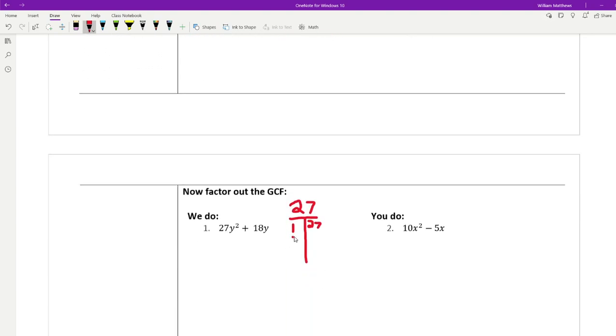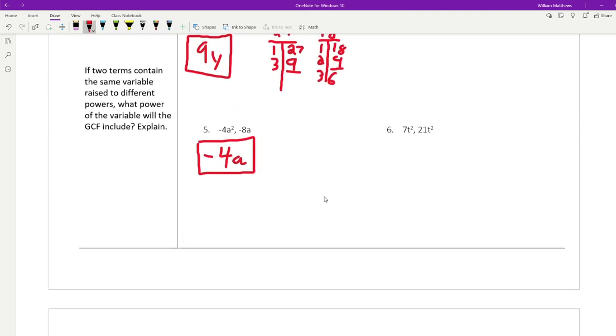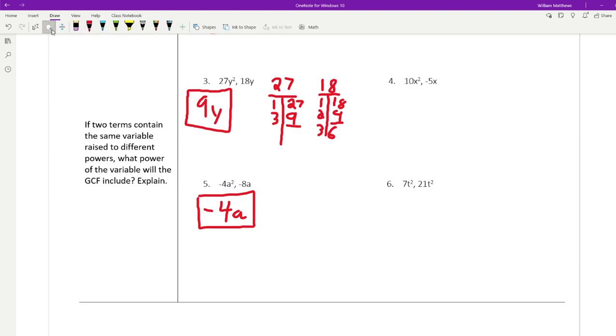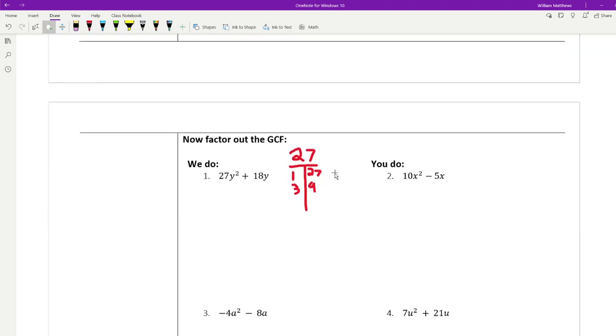We know that the last one is 3 and 9. And 18, let's do a little shortcut. If I can loop everything. We have the same numbers. So looking at this, I know that I can factor out the 9. They both have a y variable in the term, so I can factor that out.